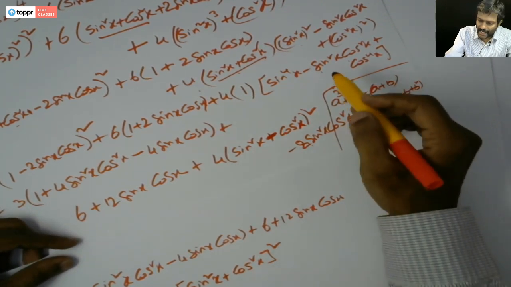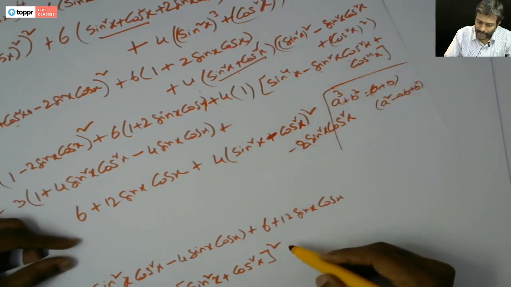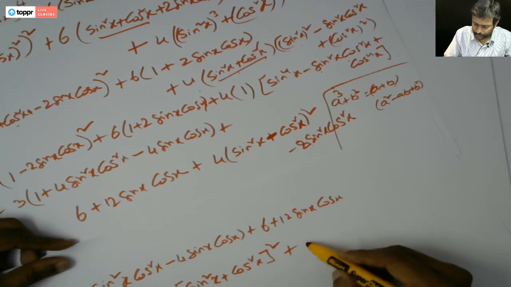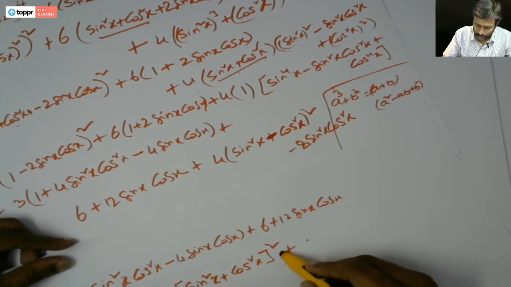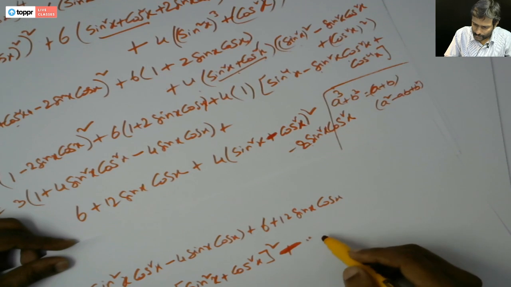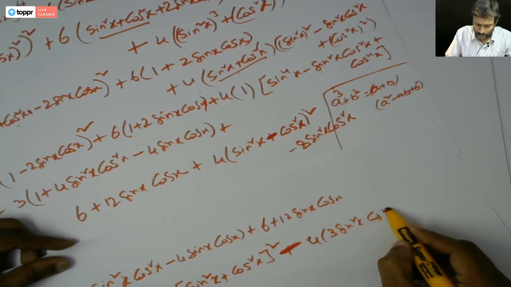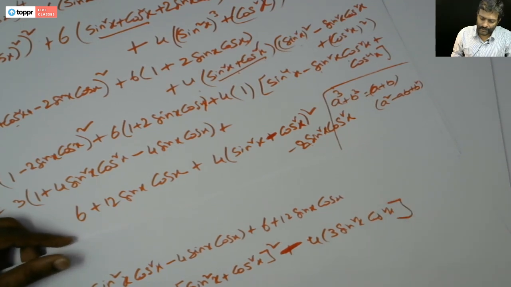So I have added 2 of them, so I need to subtract 2 of them, so minus 4 into 3 sine square x cos square x, right?